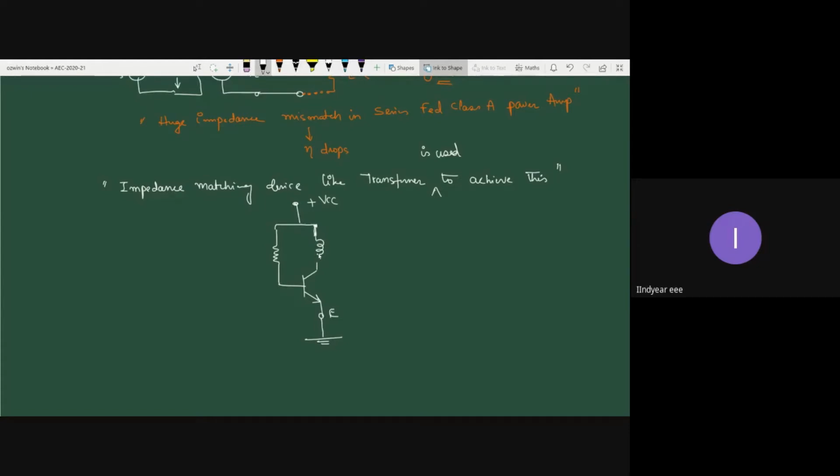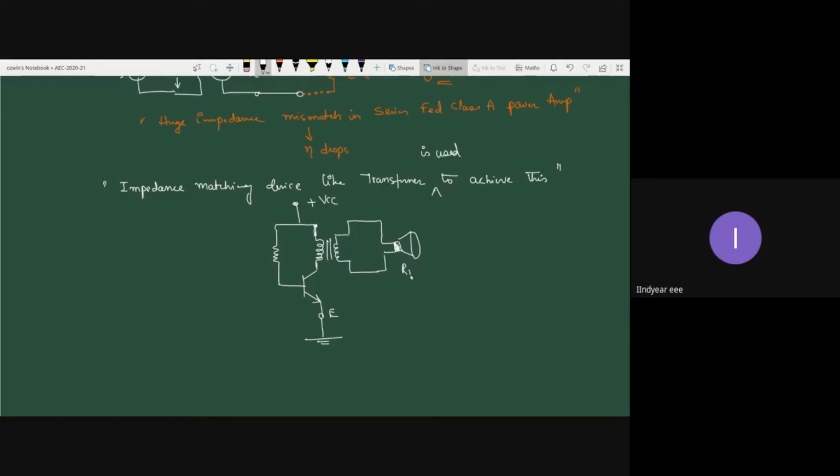Instead, you will find the primary winding of the transformer. The secondary winding of the transformer is then connected to the load, which is normally the speaker.